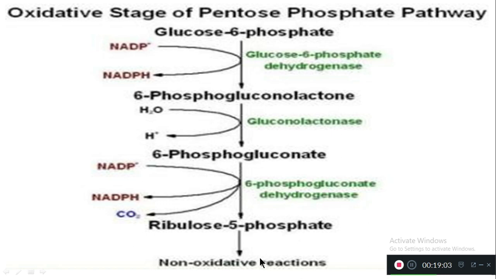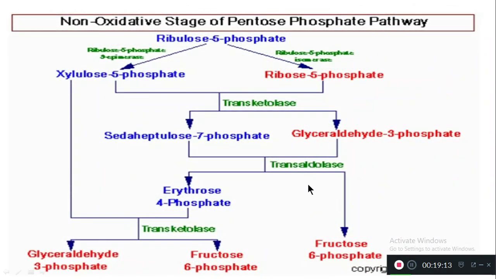So the first three steps come under the oxidative phase, and the non-oxidative reaction starts here. Ribulose 5-phosphate undergoes epimerization and isomerization to give two different substances, xylulose 5-phosphate and ribose 5-phosphate. These undergo the first transketolase reaction to form sedoheptulose 7-phosphate and glyceraldehyde 3-phosphate.